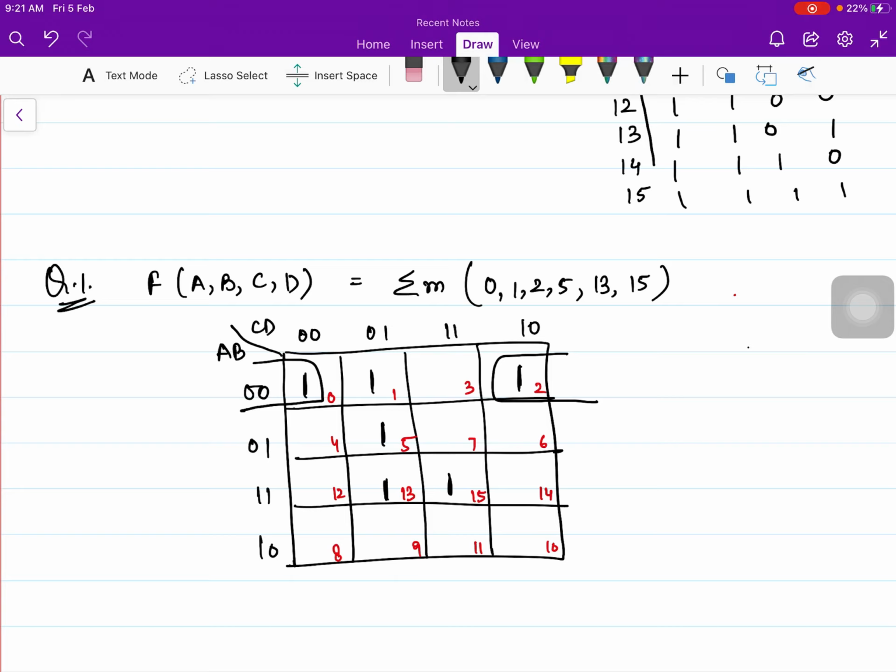So this block 2 one can be grouped only with the corner 1. Now we have 1, 5, 13 and 15. The 15 one can be grouped only with the 13 block one. Okay. And the 1 and 5 ones can be grouped only together. Okay. So this is how we make the groups.